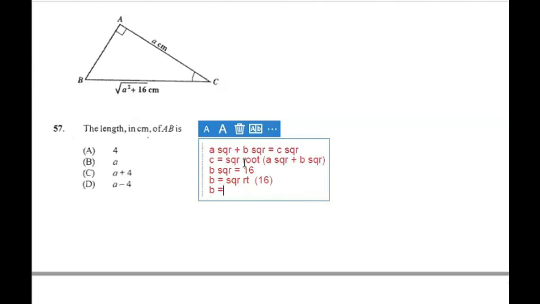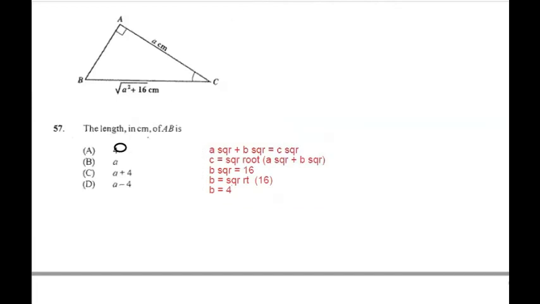So b is equal to 4, and therefore 57 A is our answer. So it's just about understanding and knowing our different theorems, guys, and everything will be okay.